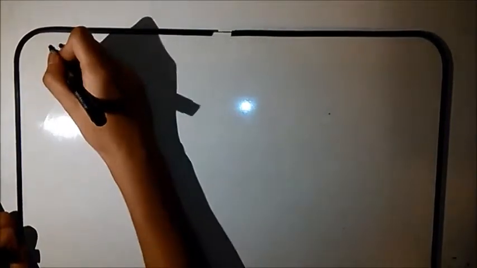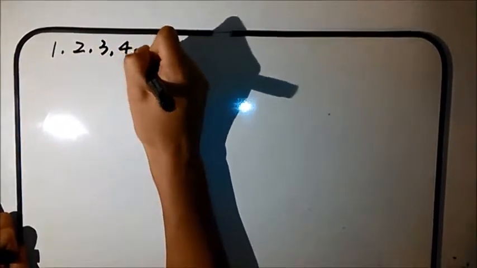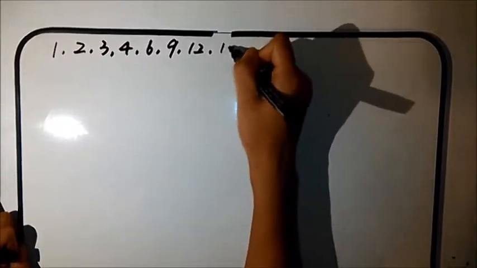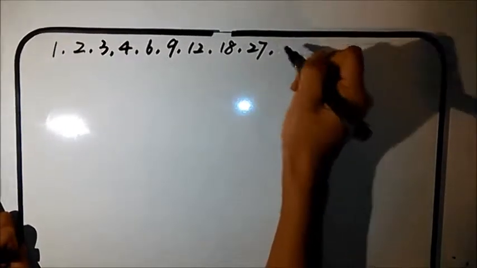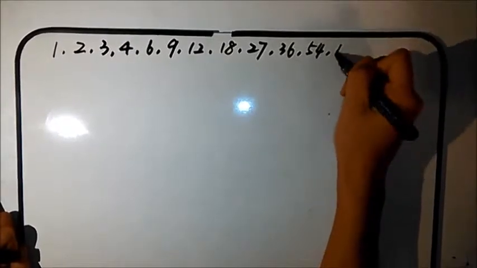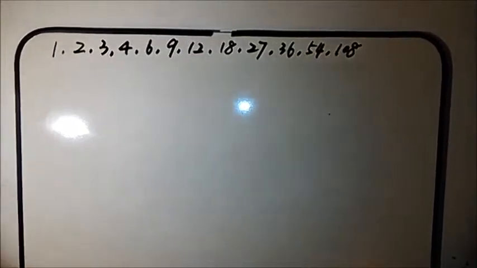It's going to be 1, 2, 3, 4, positive 6, positive 9, positive 12, positive 18, positive 27, positive 36, positive 54, positive 108. So Descartes' rule of signs shaved down half of what we had before, and they're all positive.